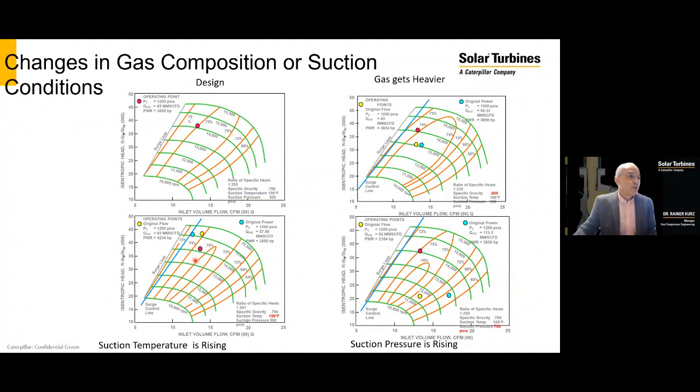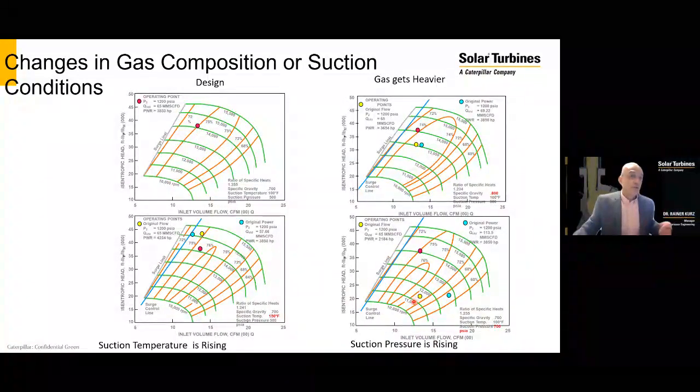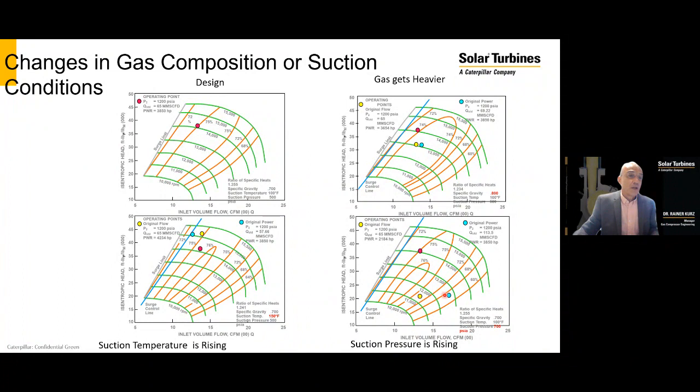Now, if the suction temperature is rising, the machine's just going to run a bit faster. If the suction pressure is rising, meaning the pressure ratio goes down, again, the machine's going to go slower. And it really then depends on whether you want to maintain the same flow or whether you want to use up all your power. That then determines where on the map you're going to operate that machine.